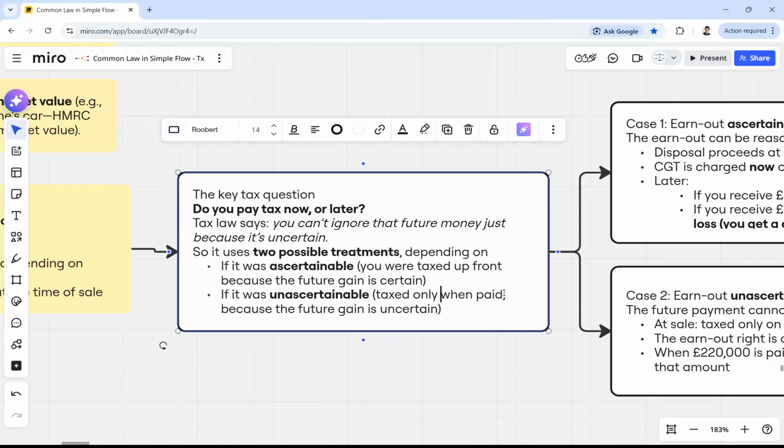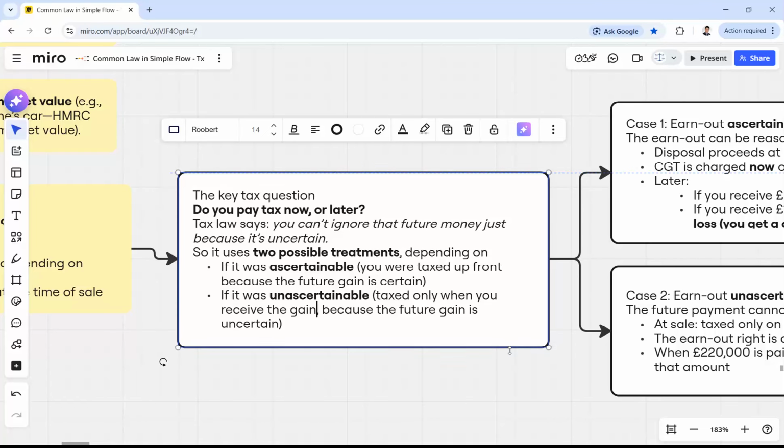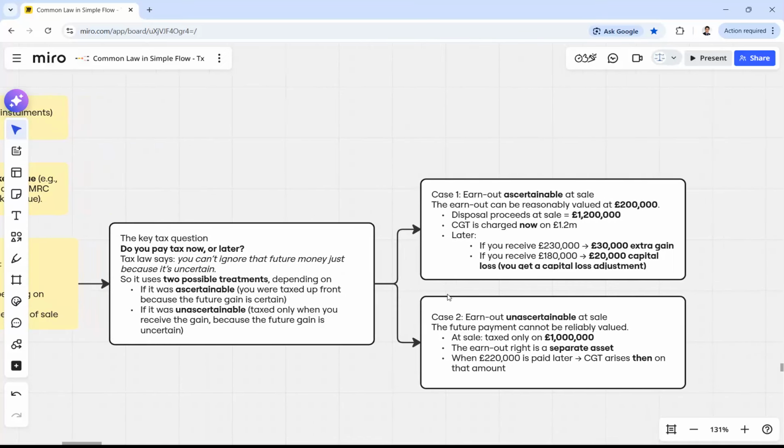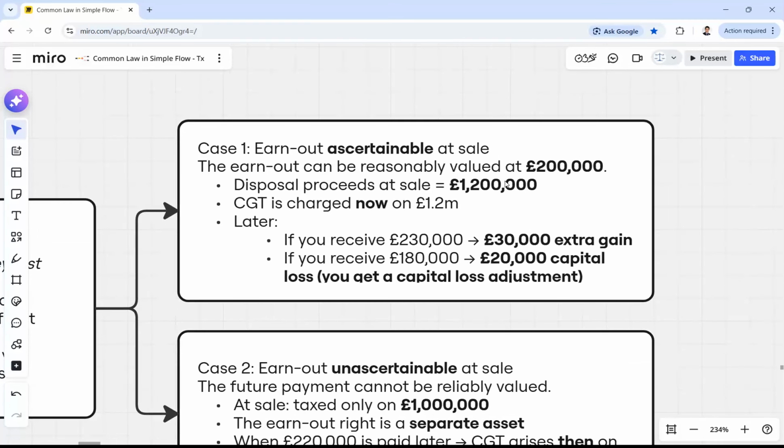So you're taxed only when you receive the gain, because we are waiting until you receive it. With the examples it will be more clear.